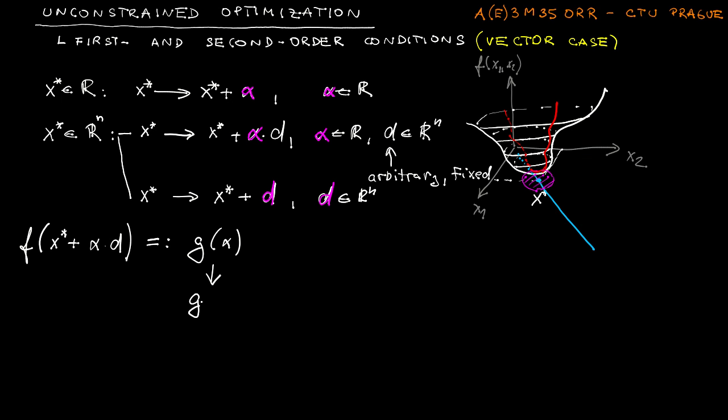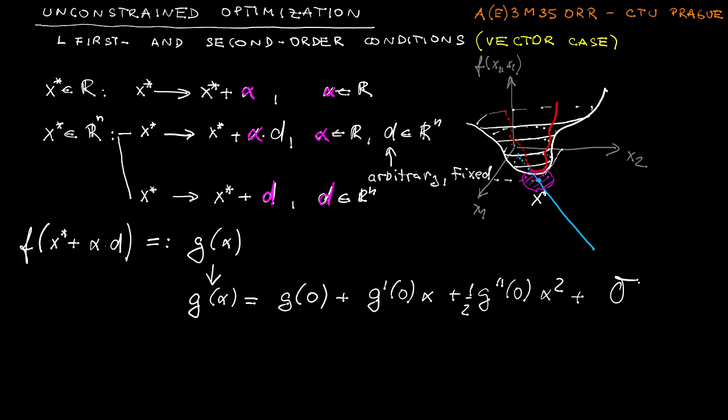So now let's write the Taylor expansion here, which is the value at the critical point, the point suspected of being the minimum, plus the first derivative, plus the second derivative times alpha squared, plus some higher order terms as usual.